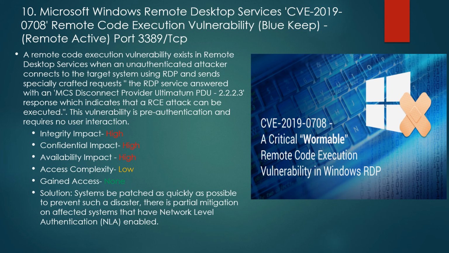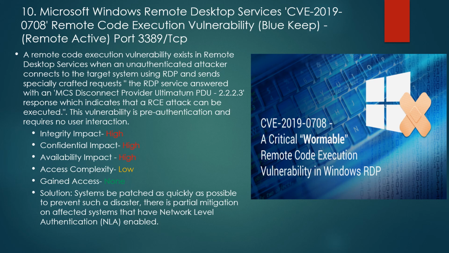The next one is the Microsoft Windows Remote Desktop Service. The remote code execution exists in RDS, and Microsoft is prone to remote code execution, as it was shown in 2019. But this vulnerability is best known as BlueKeep.